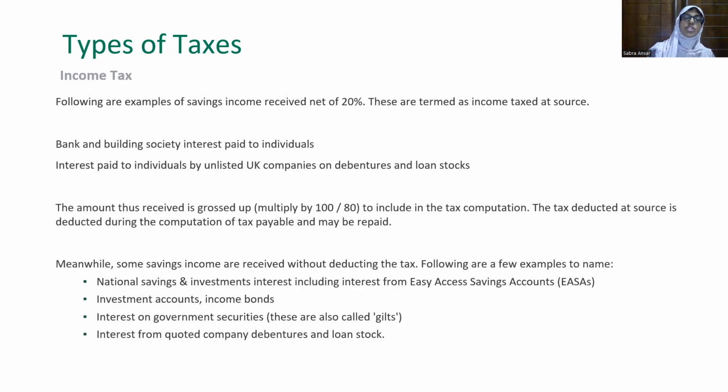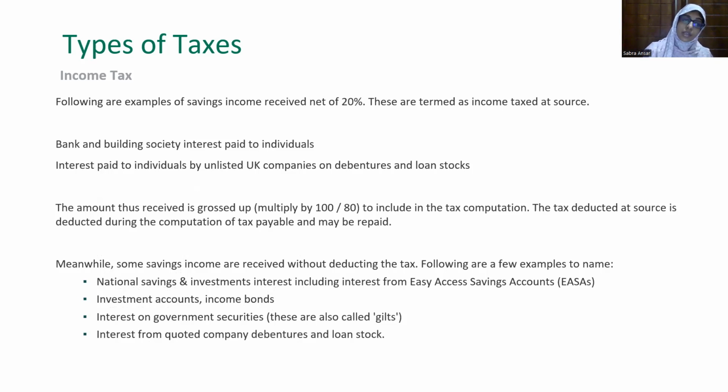So things such as bank and building society interest paid to individuals, and interest paid to individuals by UK listed companies, debenture and loan stock, all these things will come under interest savings.